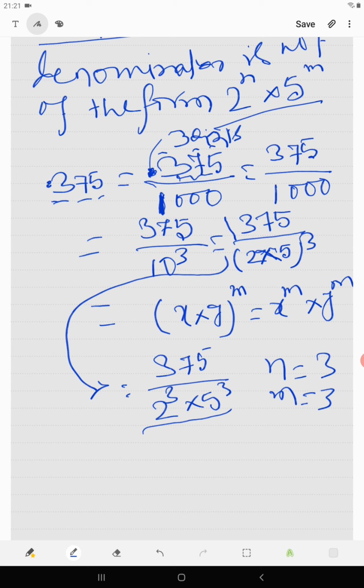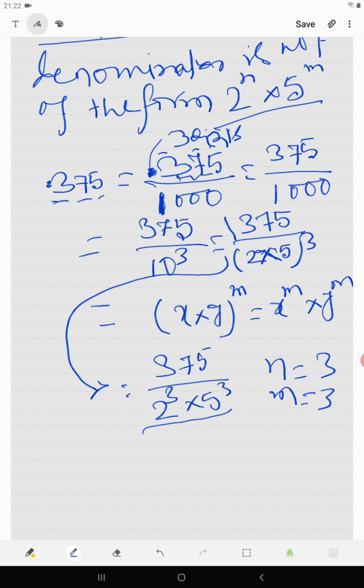Okay, so there is a theorem for you: let x be a rational number whose decimal expansion terminates, then x can be expressed in the form p by q, where p and q are co-prime. Now what is co-prime? Co-primes are a pair of numbers which don't have any common factor. I have explained co-prime already in the previous video.